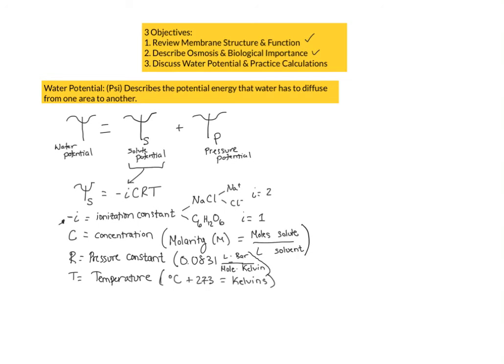Okay, now that we've talked about the solute potential, just a quick note about pressure potential. Oftentimes that pressure potential value will be given to you, and most of the work you'll have to do is around the solute potential.